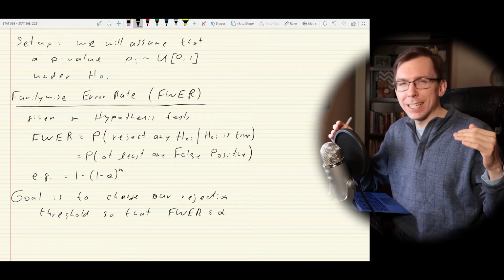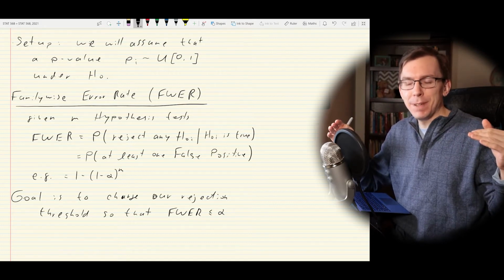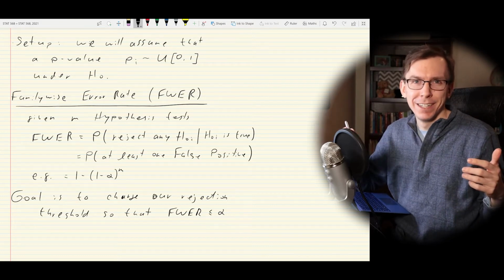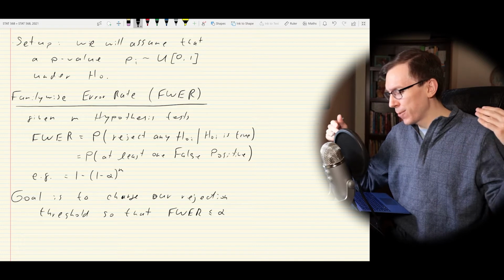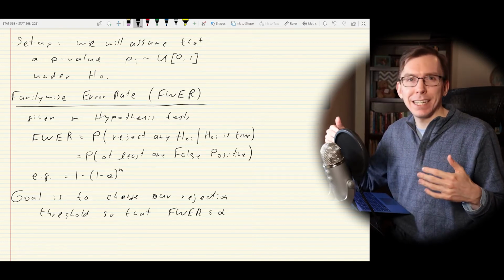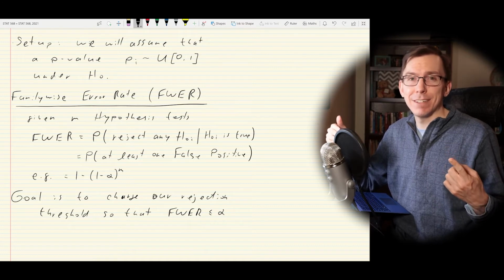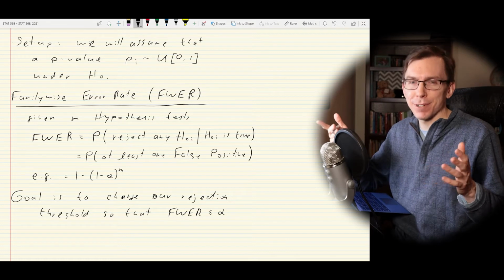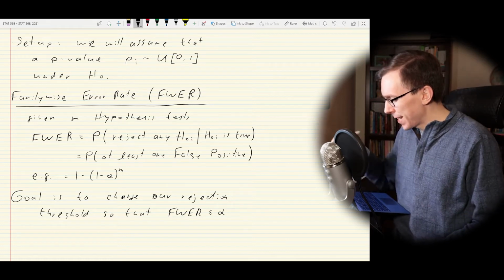And what we really want is for alpha to be the probability of at least one false positive. All right, so we want to make sure that if we run our 20 hypothesis tests, the probability that there's at least one false positive is only alpha, which could be, again, 1% or 0.5% or 0.1% or whatever you want.